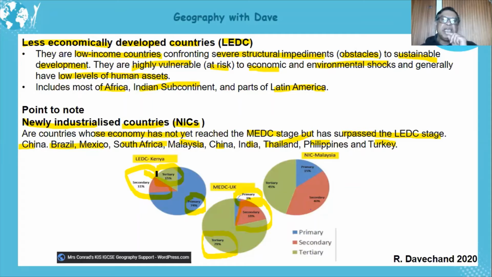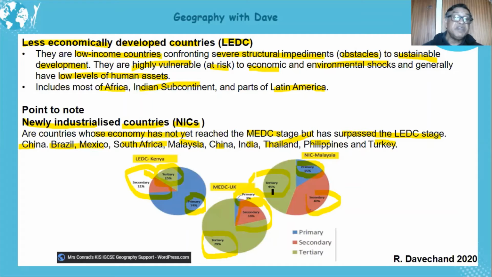Now I want to bring in Malaysia, which is a newly industrialized country. Tertiary activities 45%, secondary activities 40%, primary activities 15%. It's not in this category where primary activities is 74%, but neither is it here.